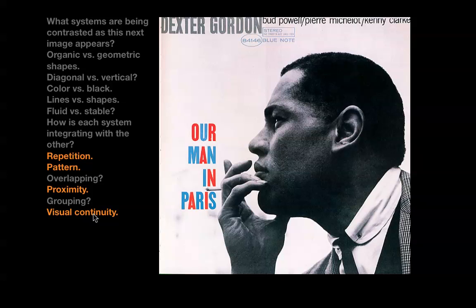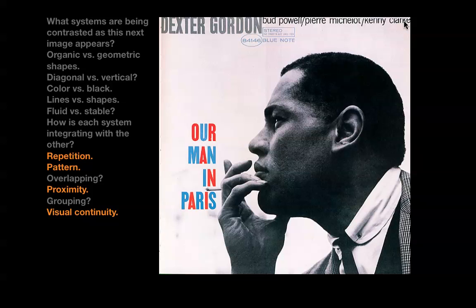Visual continuity. Well, visual continuity is pretty evident everywhere. Even when you have a block of text like this, if you have flush right or flush left text, you've got visual continuity, you have a visual line. Even when your text sits on a line, on the baseline. The baseline of typography is the imaginary line that text sits upon.